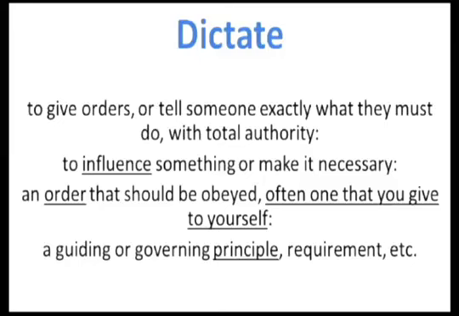Why? Because that will be immoral. That will break the rules and so forth. A guiding or governing principle, requirement, etc. All right, so that's what a dictate is, and this is what these things do, these morals, which are rules, and beliefs, how we see something, that dictate how we treat others, our environment, and ourselves.